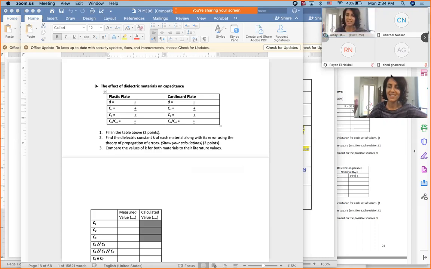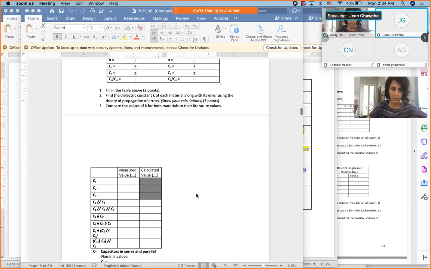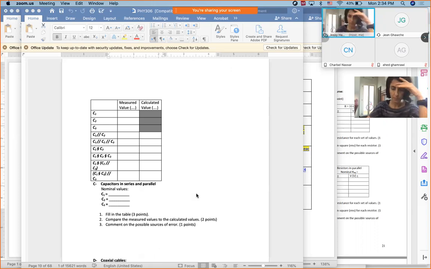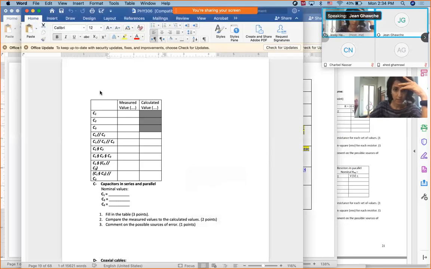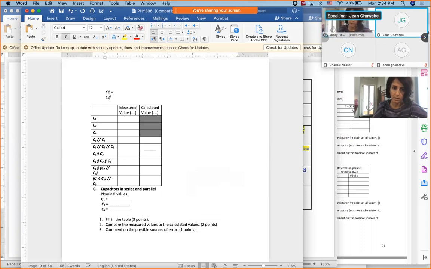I asked you a question on WhatsApp about the significant figures and adding the capacitance in part B. Okay, in part B, yes, this one. So basically, I chose results too. I had C1 and C2 in nanofarad.